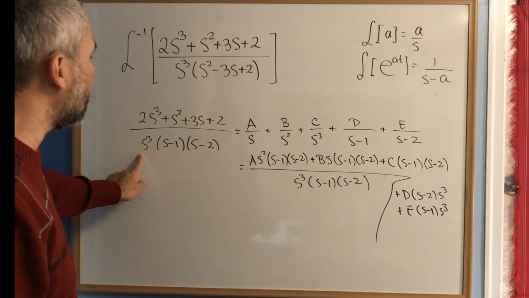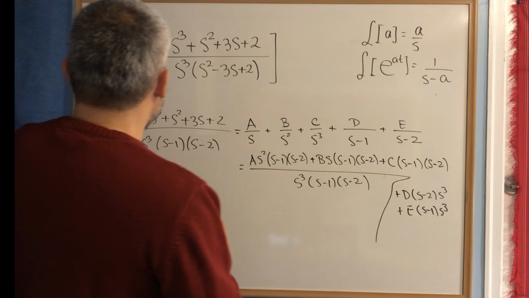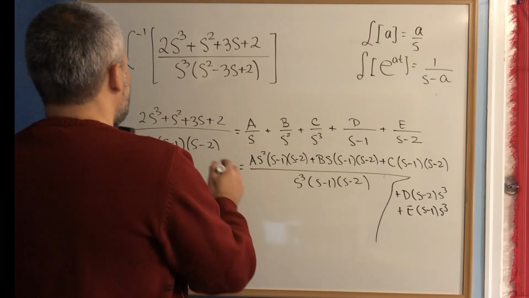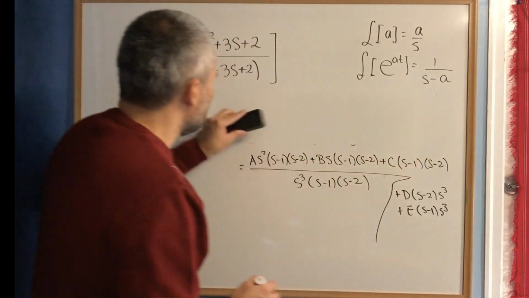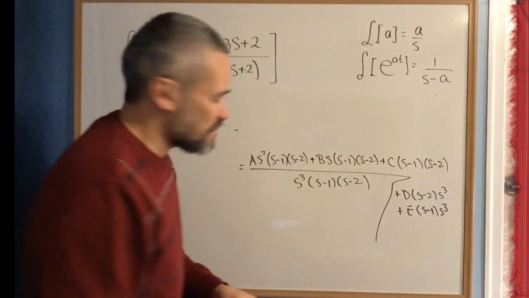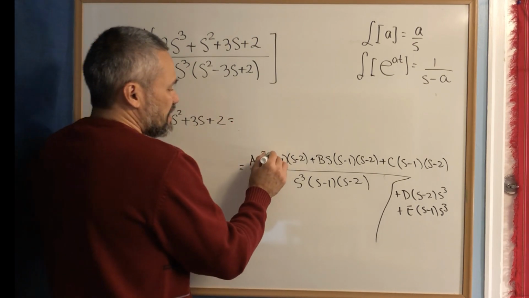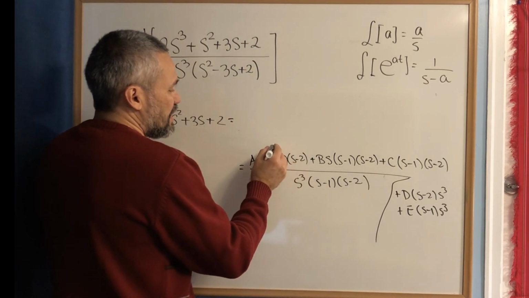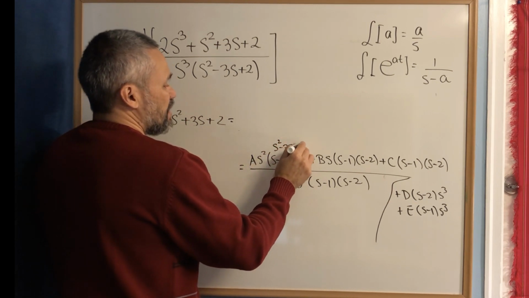Then we want the numerators to be the same. Essentially, I want this numerator to be equal to this numerator. Let's expand this numerator now. Maybe it's a good idea to rewrite this as s squared minus 3s plus 2.